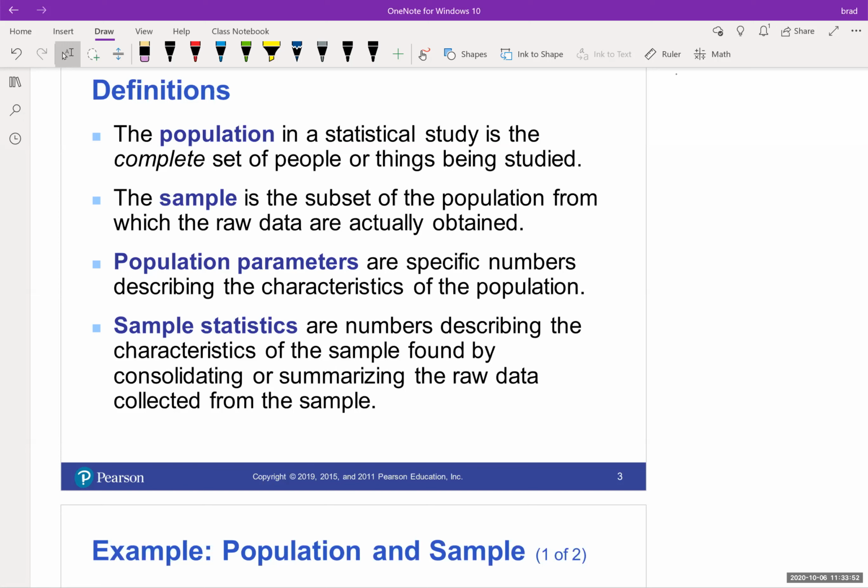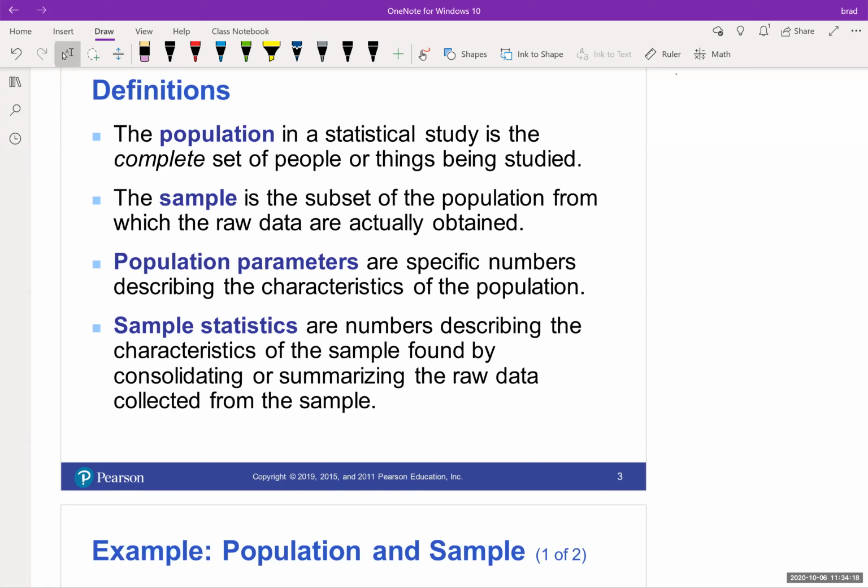So you could say an example, all the babies born in the United States. Okay, so now technically, when they say all the babies born in the United States, that's the population. They want to know the population of all the babies born. Then what they're going to do probably in a study is take a part of, or a sample of, the babies born from the population. However, you could think about it differently.